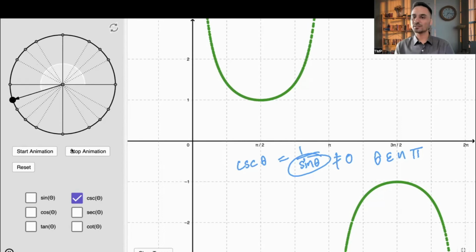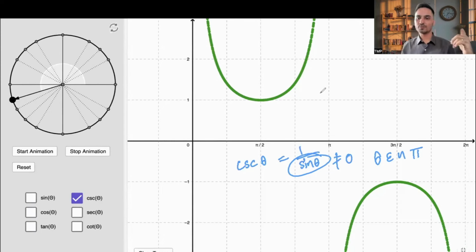Yes, you're right. As we discussed, for all these values, x equals 0 or x equals pi or x equals 2 pi, sine x will be 0, and cosec x or cosec theta is 1 over sine theta. So whenever sine is 0, cosec is undefined, and all those lines x equals n pi, where n is any integer, are asymptotes for the cosec theta function.